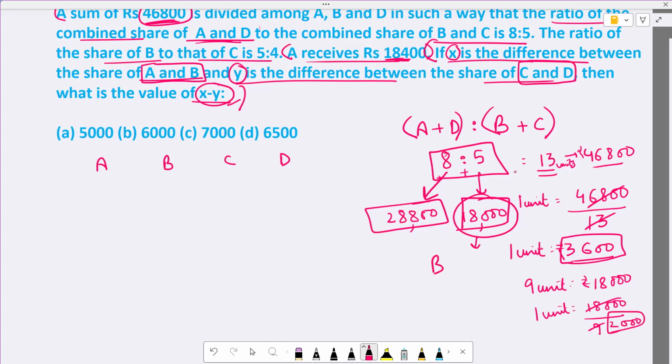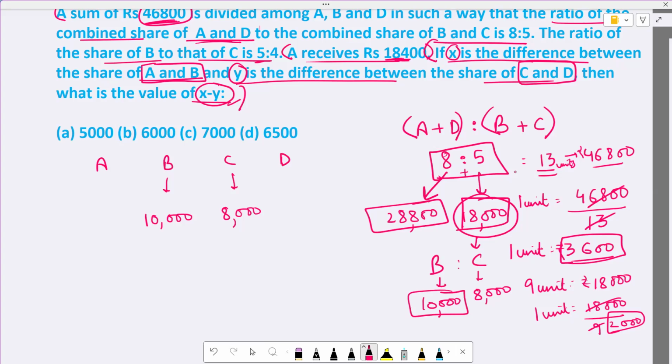So which means that B's share will be equal to 5 multiplied by, because B's part is 5, 5 multiplied by 2,000, which is 10,000, and the rest will be 8,000. That will be the share of C. So we found out C's share and B's share. So B's was this, and then we have C's share, which is 8,000.